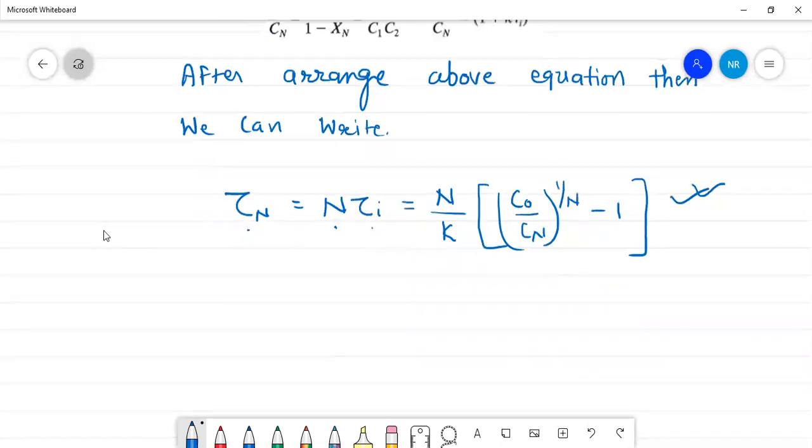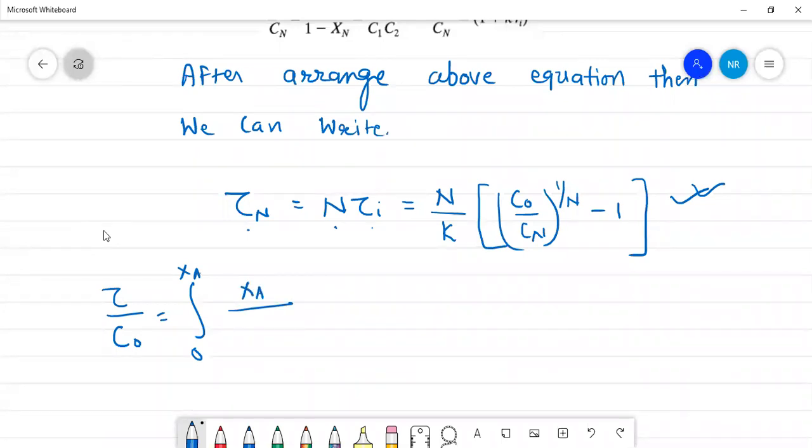Now I would like to look at this. For example, we have the equation for a PFR: tau divided by C0 is equal to the integral from 0 to XA of dXA divided by minus rA, or in other words, k multiplied by CA0 (1 minus XA), or let me write k multiplied by CA.